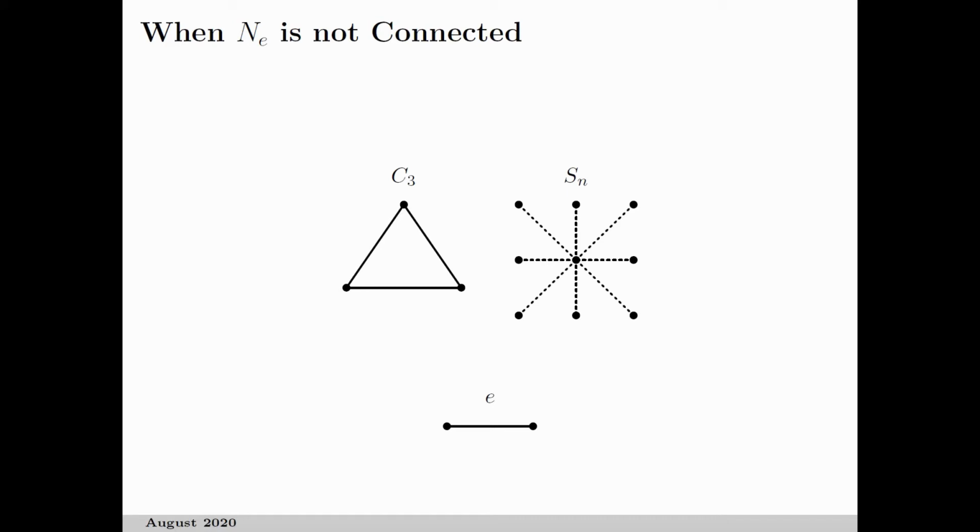Generally, we can only have n sub E be some combination of C3s or star graphs, where at the right here, we visually represent the notion of a star graph. A star graph S sub n is where we add n edges, as in the dotted edges, to a central vertex. In our image, the S sub n and C3 are the n sub E for the edge at the bottom. For not very connected graphs, we are always guaranteed at least one n sub E of this type.